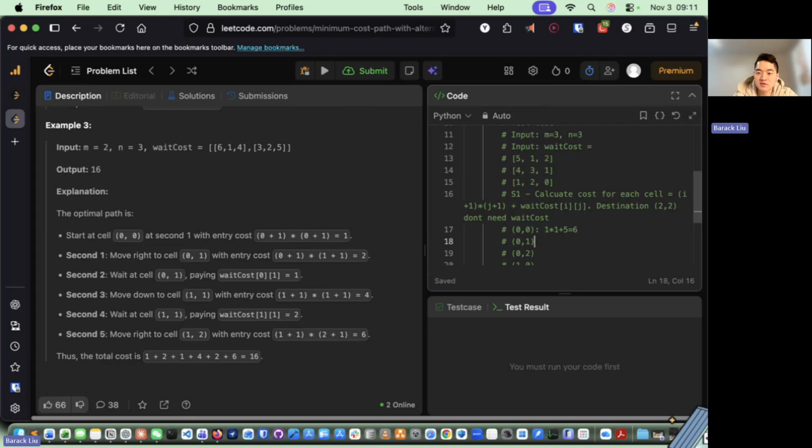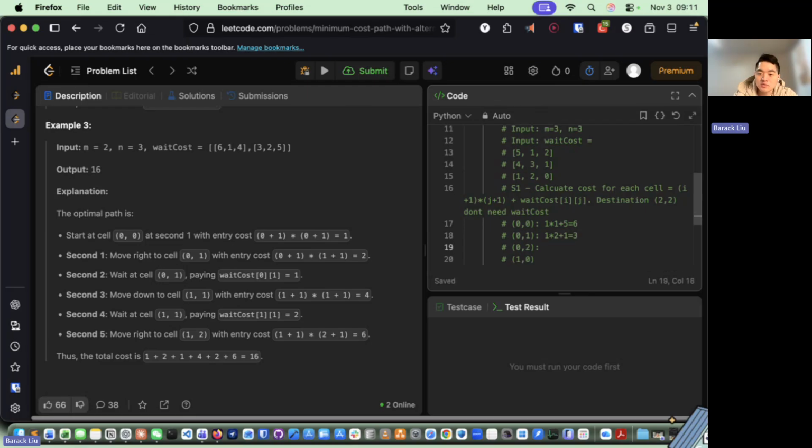So it will be 6. And this one is 1 multiply 2 add 1, so it'll be 3. And this one 1 multiplied by 3 plus 2 will be 5.